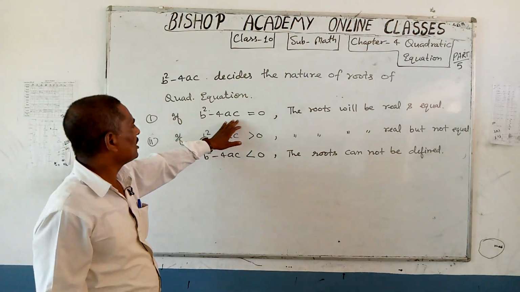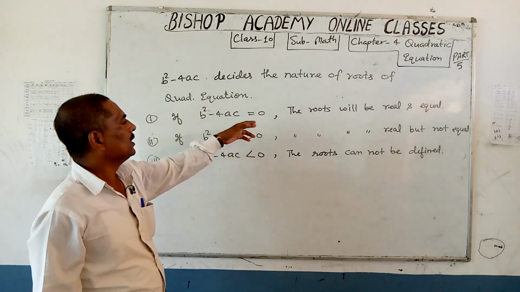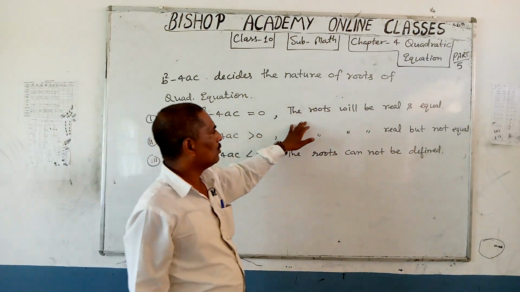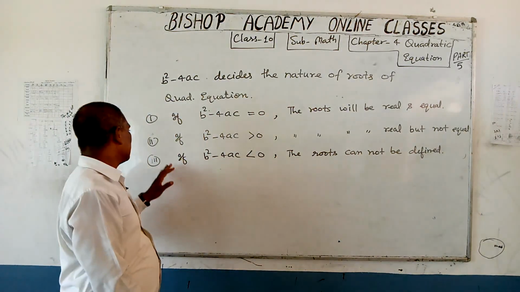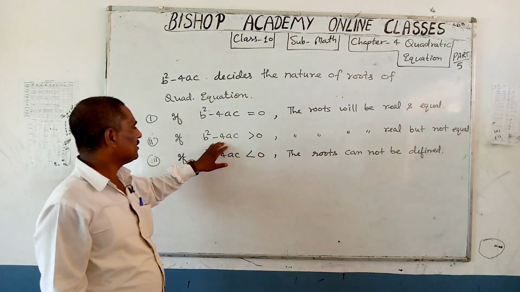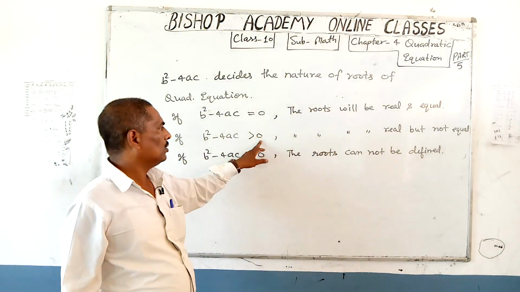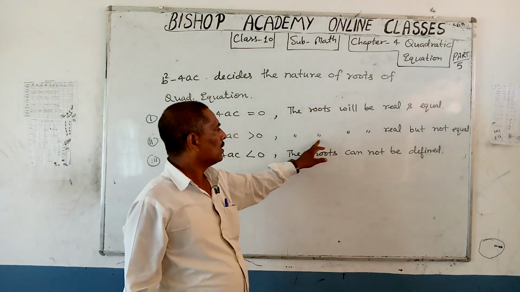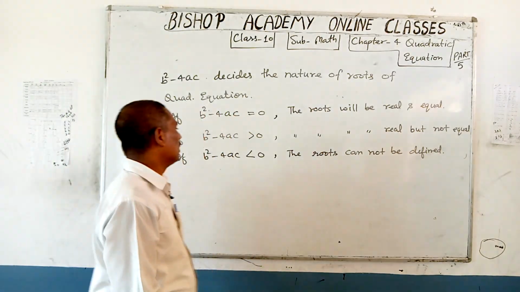If b square minus 4ac, the discriminant of the quadratic equation, is equal to 0, the roots will be real and equal. In the second case, if the discriminant b square minus 4ac is greater than 0, the roots will be real but not equal.